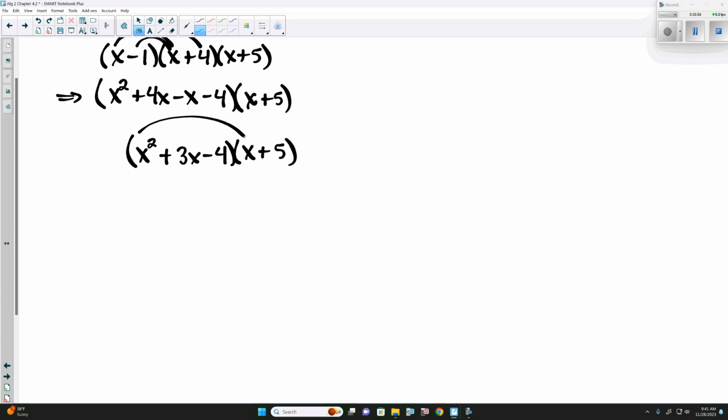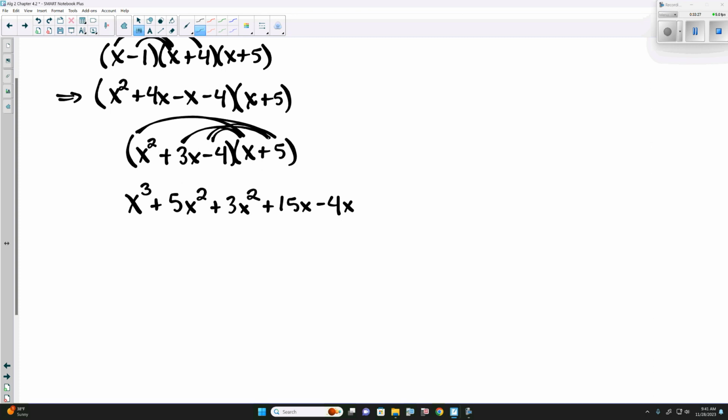X squared times x is x cubed. X squared times 5 is plus 5x squared. 3x times x is positive 3x squared. 3x times 5 is plus 15x. Negative 4 times x is negative 4x.